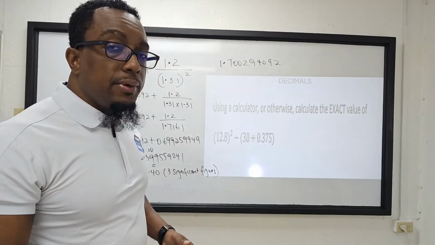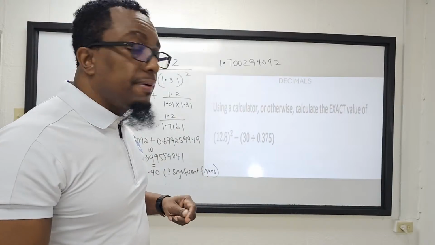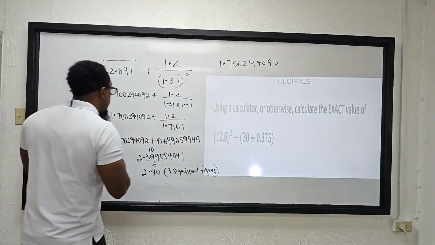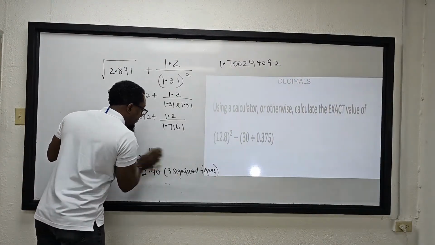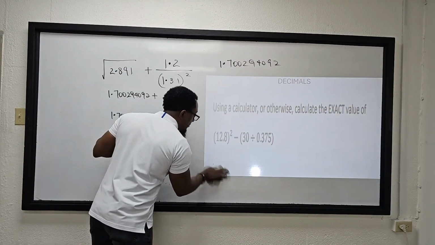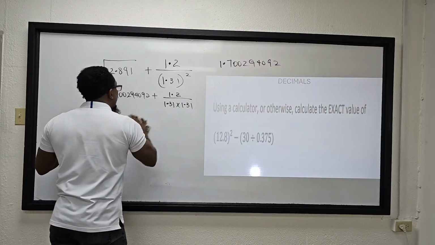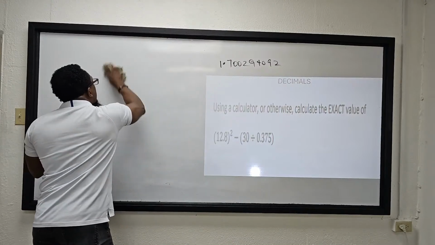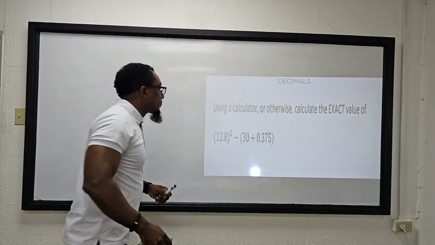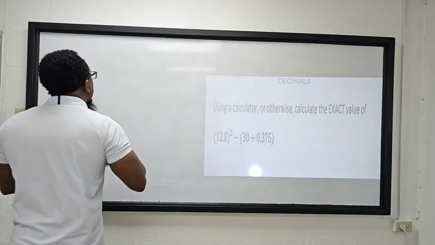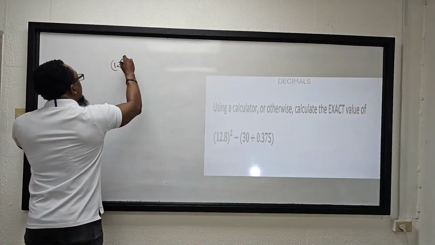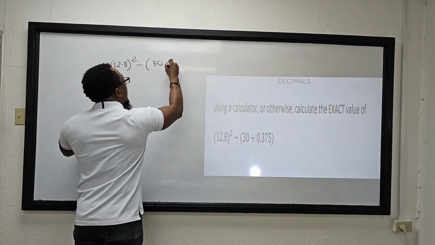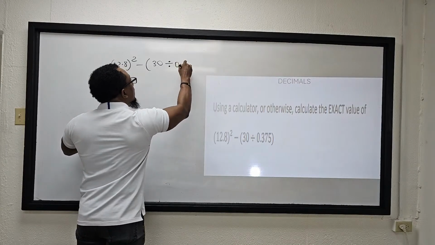Using a calculator, otherwise again, calculate the exact value of that, showing steps. So we have here 12.8 in brackets squared, subtract 30 divided by 0.375.